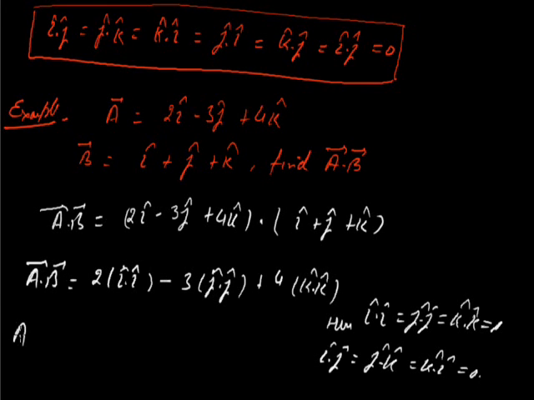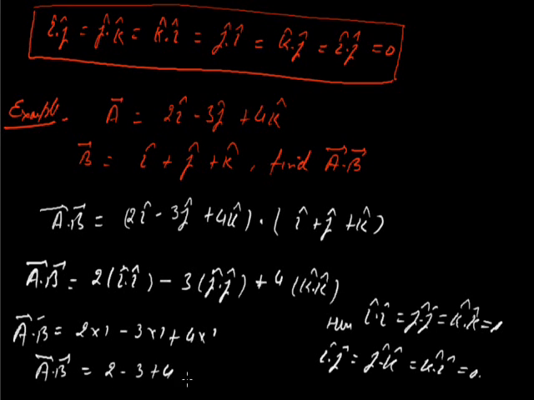So A dot B will be 2 into 1 minus 3 into 1 plus 4 into 1, that's 2 minus 3 plus 4, that's 3, the required answer.